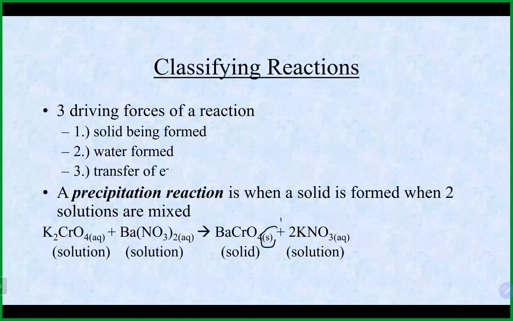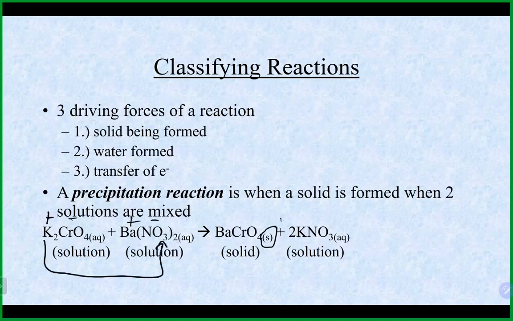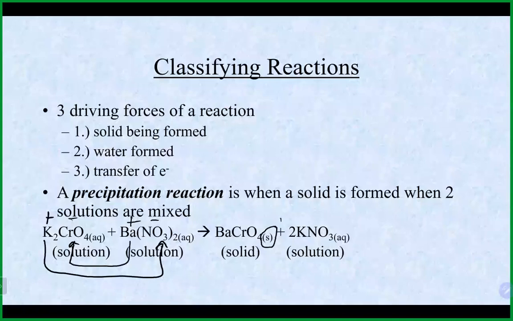So again, this is an example of a precipitation reaction, which is still a double displacement reaction: positive, negative, positive, negative, the positive guys switch partners. So double displacement, more specifically classified as a precipitation reaction because, again, a solid was formed.